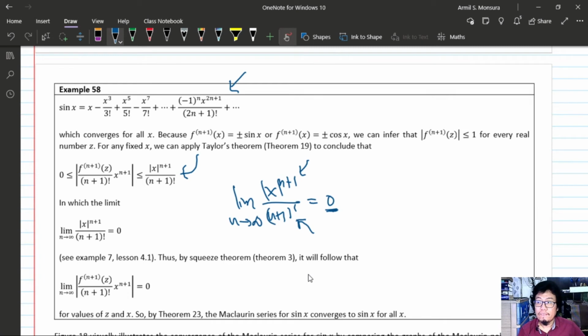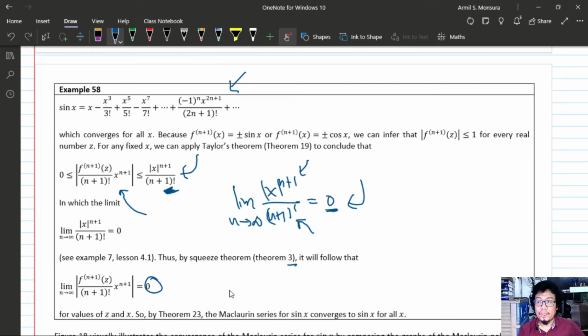So by the squeeze theorem, we can say that if the limit of the upper bound of your remainder becomes 0, then the remainder itself would become 0 as n approaches infinity.